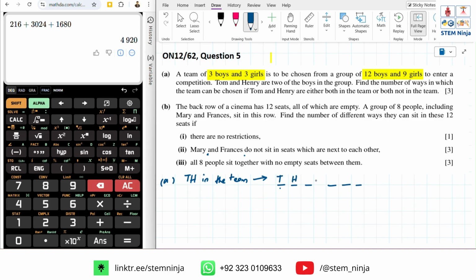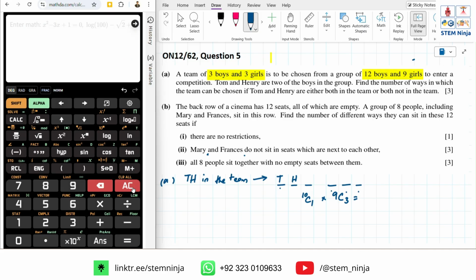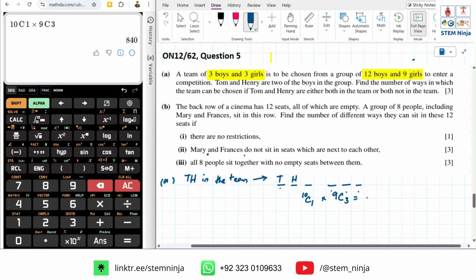Tom and Henry have already been selected, so for the third boy, you need 10C1. And for the girls, you can have 9C3. Simple, straightforward. So 10C1 times 9C3, so this is 840.